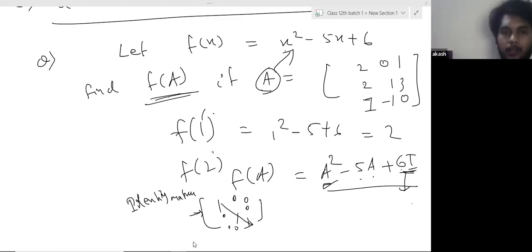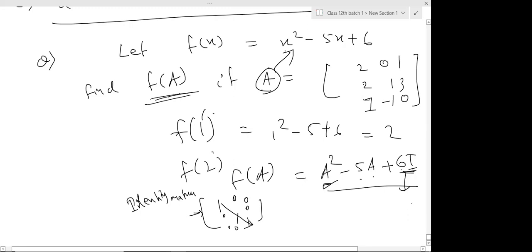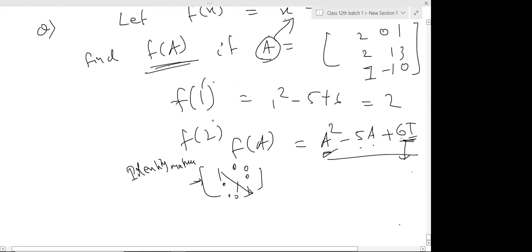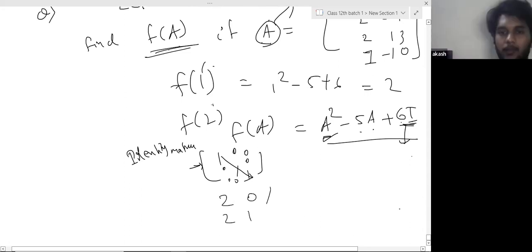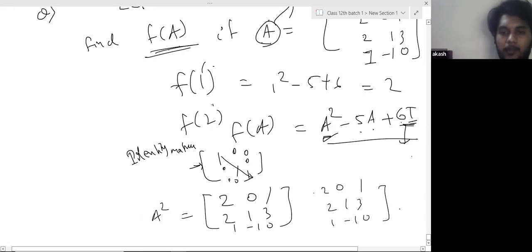All right, got the answer? Yes. Let's see. This is the matrix A = [2 0 1; 2 1 3; 1 -1 0]. A squared will be [2 0 1; 2 1 3; 1 -1 0] times itself.